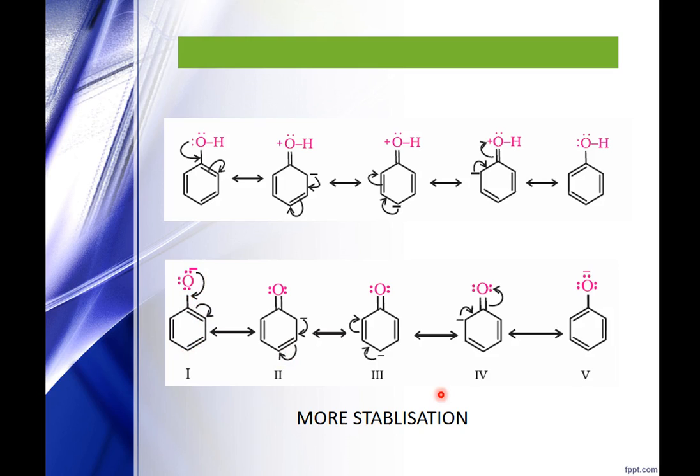So we can say phenoxide ions are much better stabilized as compared to phenol, because in this case the negative charge is delocalized over the benzene ring, whereas in phenol the negative charge of oxygen goes inside the benzene ring.